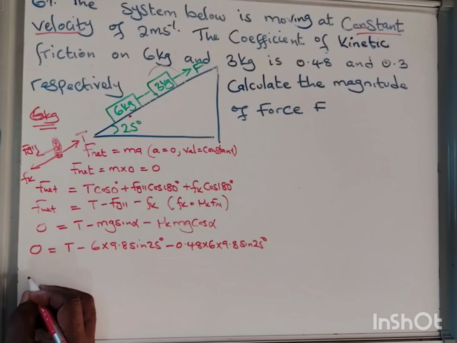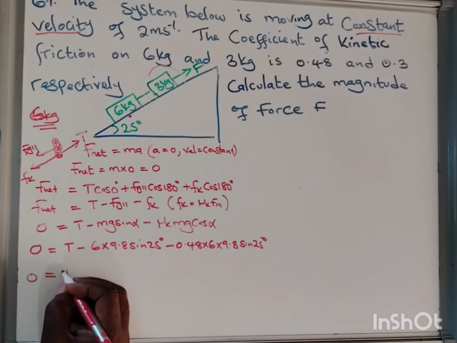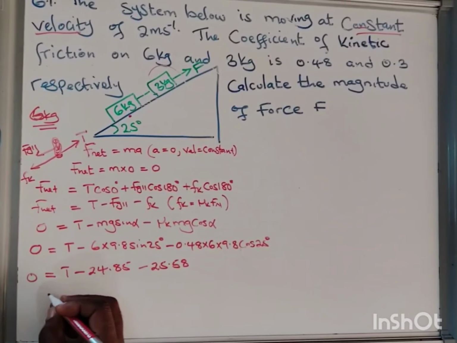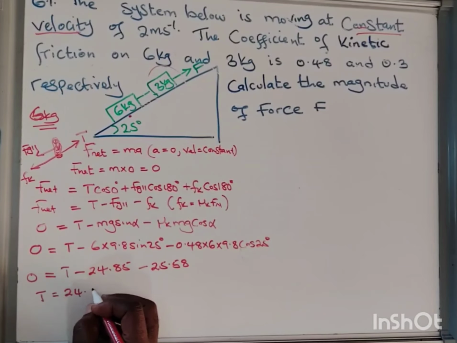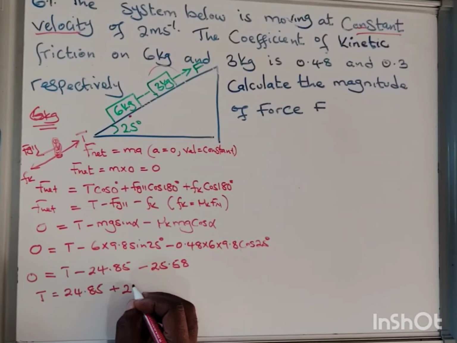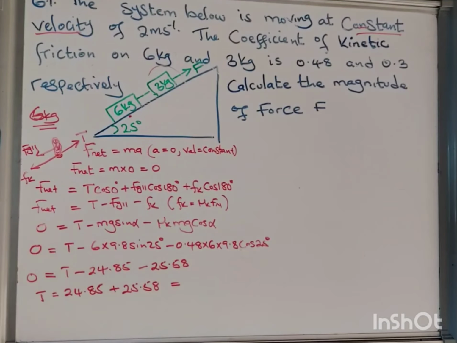From here you get the figures, and we can rearrange to get our T. T is going to be equal to 24.85 plus 25.58.